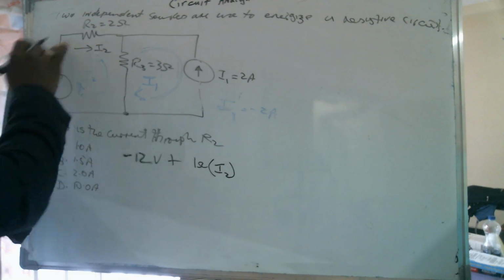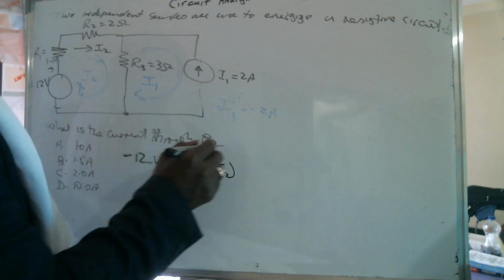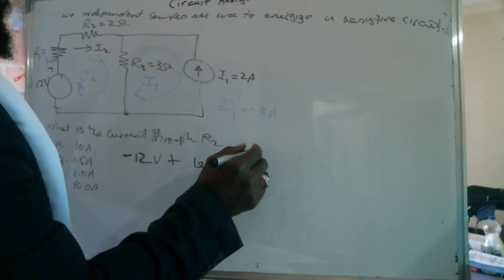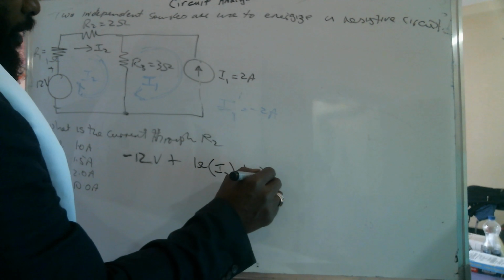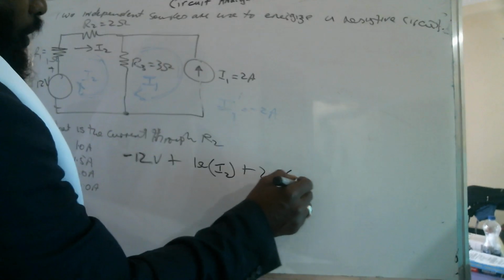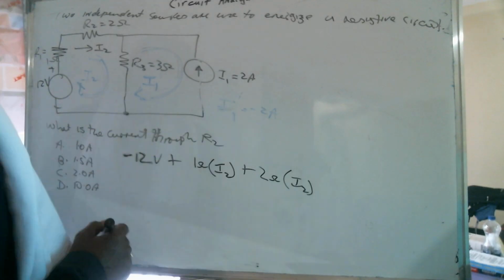since I2 is the current on that side, plus R2, which is the 2 ohm resistor, multiplied by the current I2, which is what we're looking for, the current through that resistor.